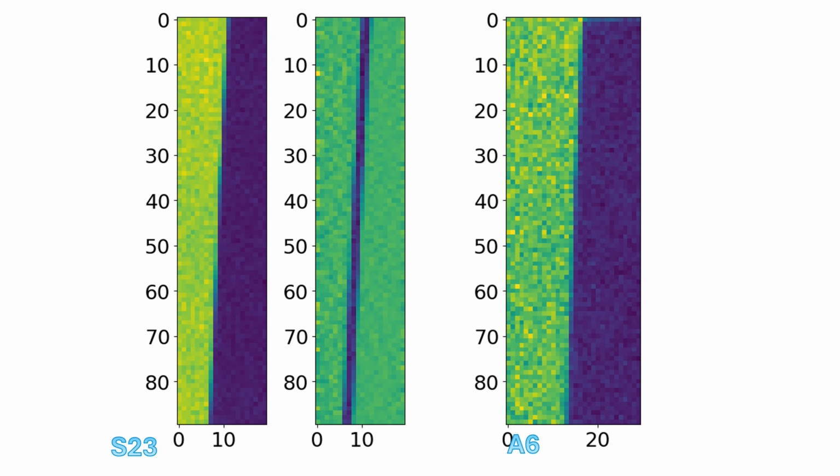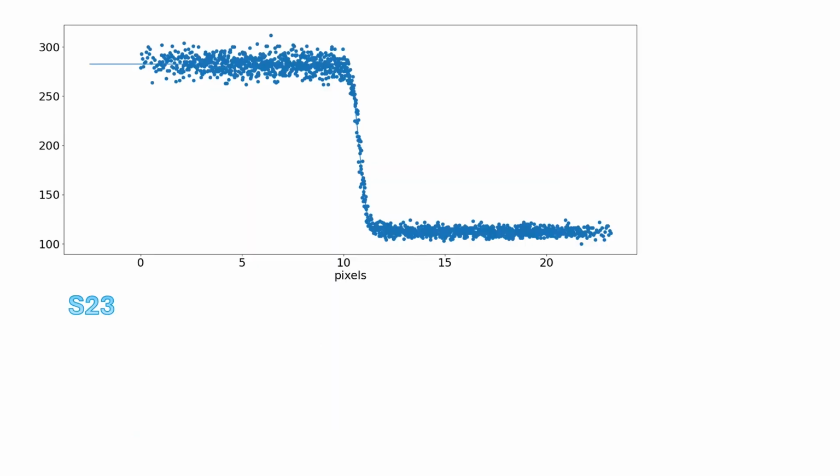You could try to increase the illumination to try to reduce some of that noise, but the reason for the increased noise is that the pixels are so much smaller, so you get a lot fewer photons and a lot more shot noise. Here's the aligned pixel plot after you found the slope for the S23 and then fit it with an ERF function.